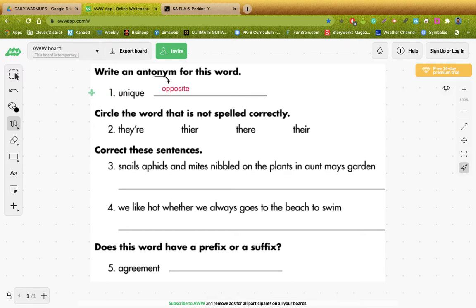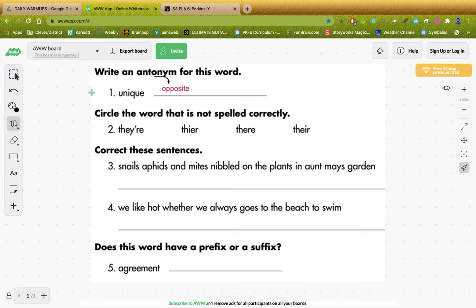Now I know you have a computer now. That makes things much easier. But try to think of it in your head first before you look it up. It's great practice for your brain function. The word unique, well, you can't find the opposite of the word unique unless you know what unique means. So if you're struggling with what unique means, go ahead and look it up. What does unique mean?